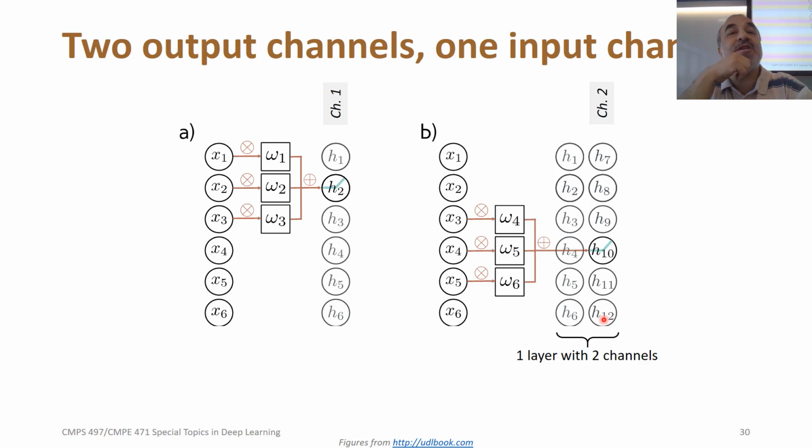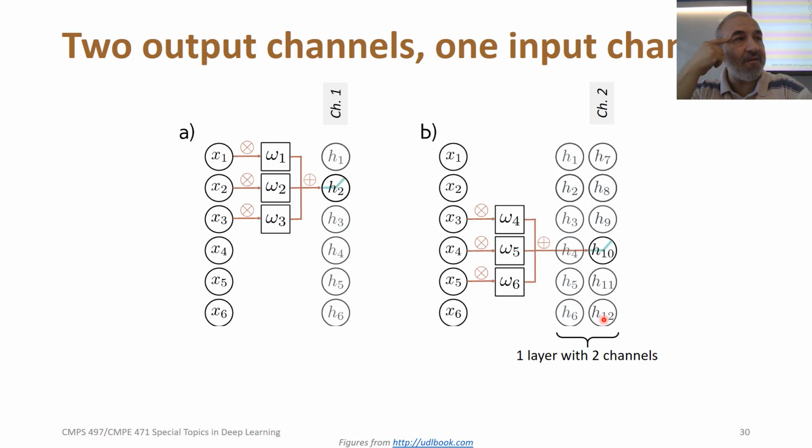How do you know how many units in one hidden layer before? Okay, you got the idea now, right? It's a hyperparameter. You can change it. In terms of parameters, how many parameters will we have now? Let's say that we have two channels in the output.